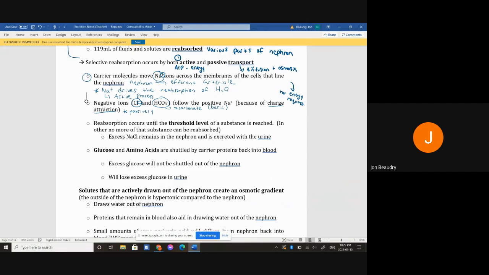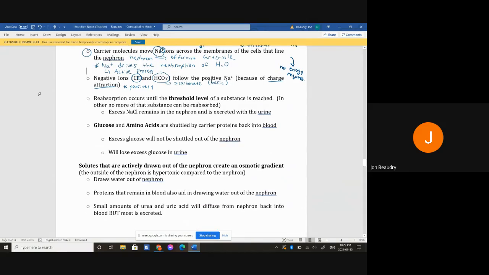And same with bicarbonate, just because of this opposite charge attraction. This is a passive process. So if sodium leaves my nephron, then chloride and bicarbonate are very often going to just flow naturally with it and follow it wherever that sodium goes, in this case, back into my efferent arteriole.